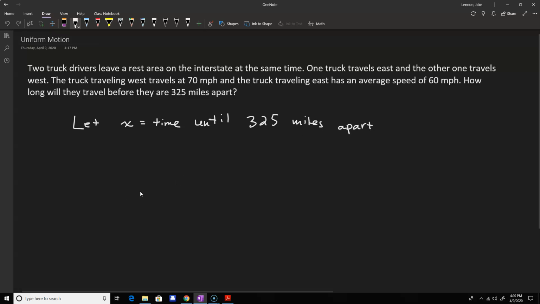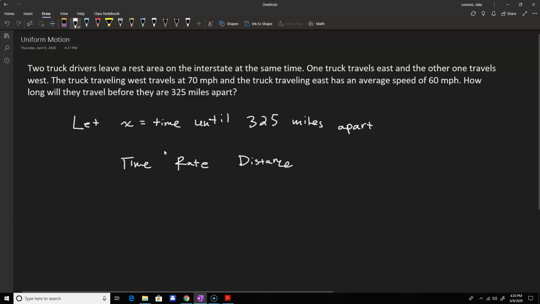So, what do we have? We have our time traveled, our rate, and that will equal our total distance traveled if we multiply the time and the rate.